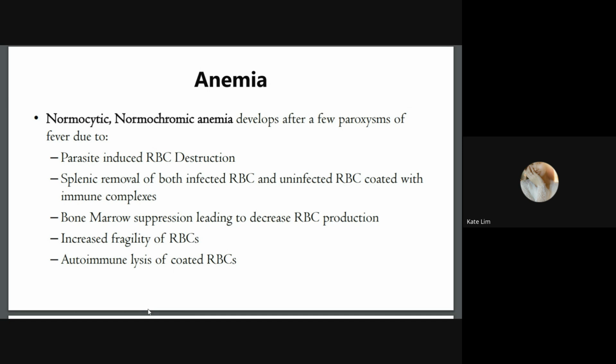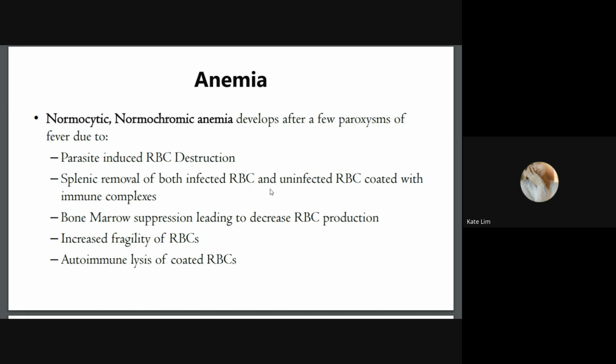So class, when the Plasmodium parasite infects your RBCs, it causes them to rupture, right? It releases what again? It releases the merozoites into the bloodstream. This direct destruction of RBCs is one of the main contributors to anemia. But it doesn't stop there, class. The spleen, which filters the blood, removes not just the infected RBCs, but also the uninfected RBCs that have been tagged with immune complexes.